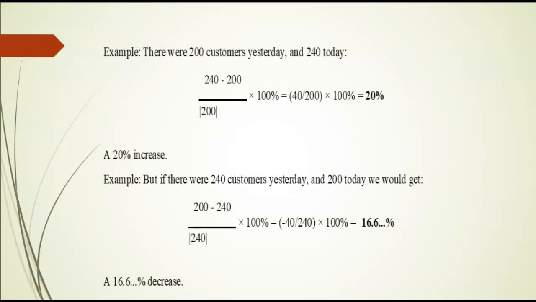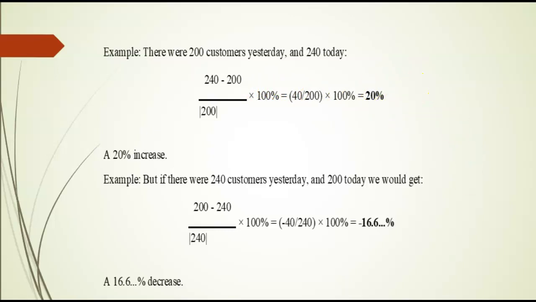For example, if there were 200 customers yesterday and 240 today, to calculate the percentage increase, you will subtract 200 from 240, divide it by 200, and then multiply by 100. Here we have a 20% increase.